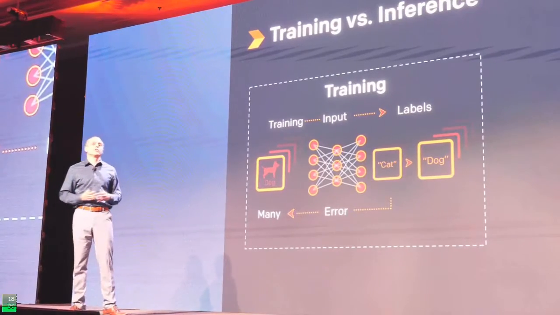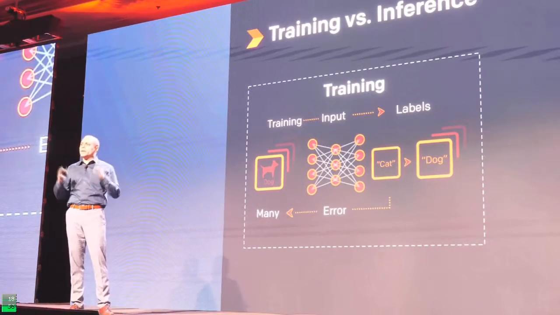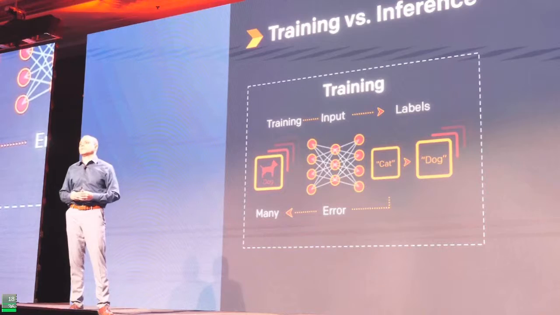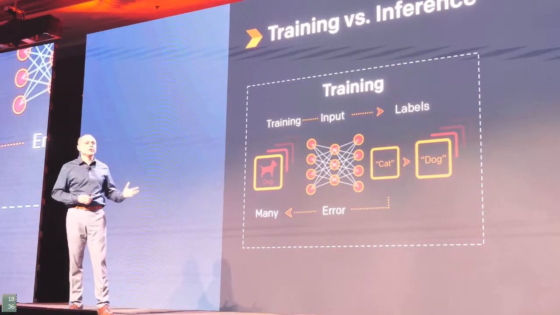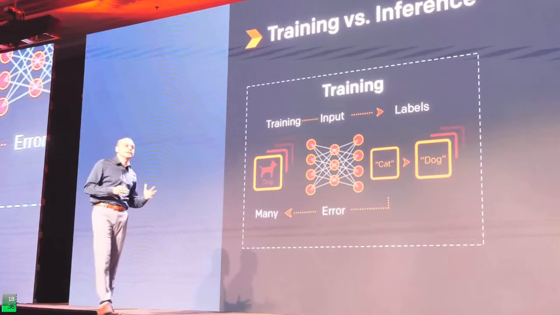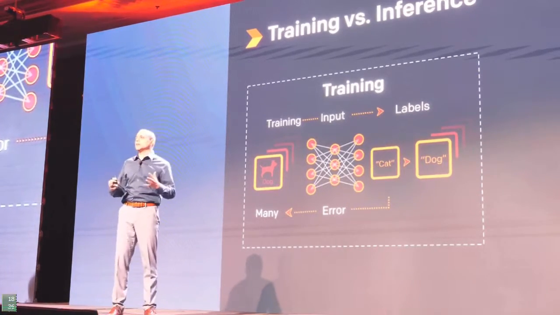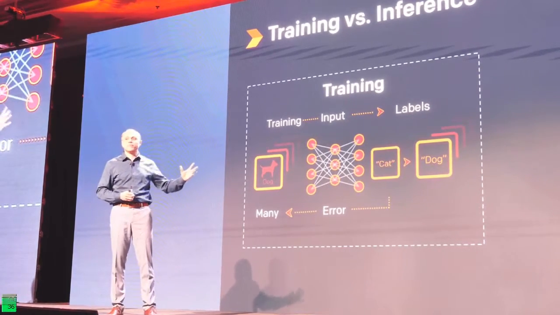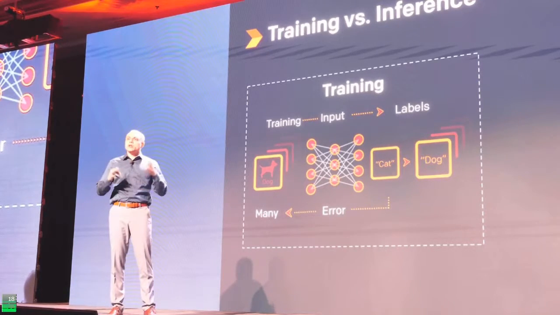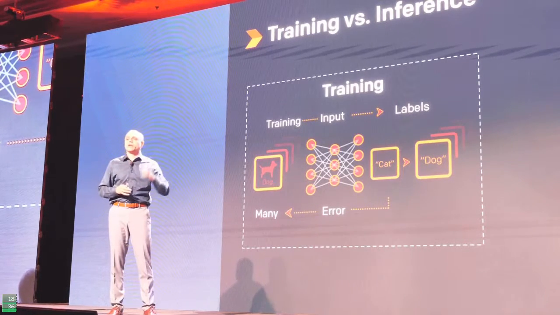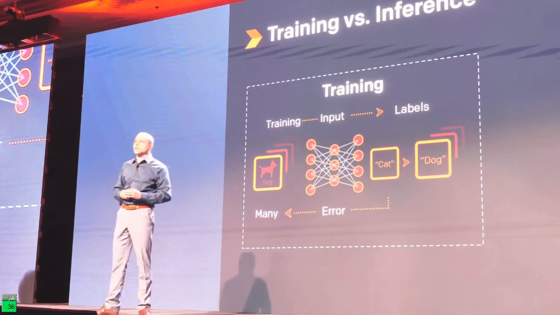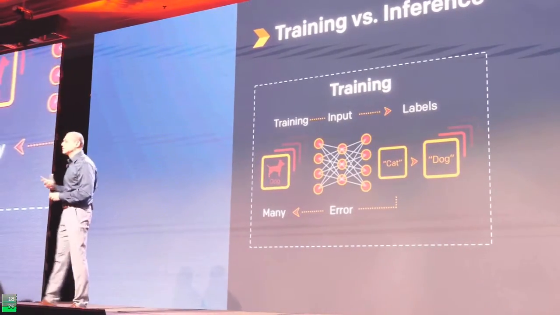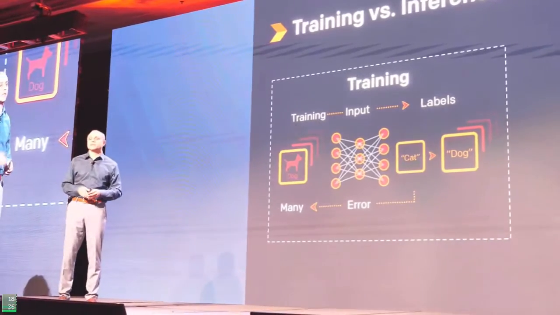So most of you probably know this, but AI has two distinct phases: training and inference. In training, a data scientist takes lots of data and sends them through the model. The model is fine-tuned and refined. Now, in this example, the training data set could consist of images of dogs and cats.